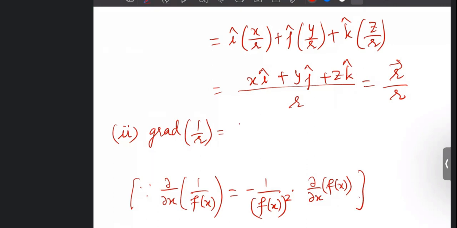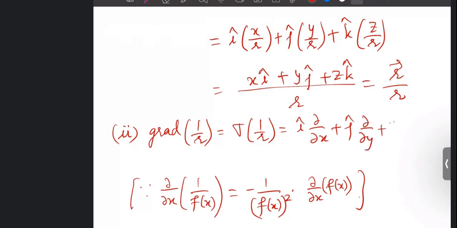That means gradient of 1 upon r is equal to i ∂/∂x plus j ∂/∂y plus k ∂/∂z of 1 by r.